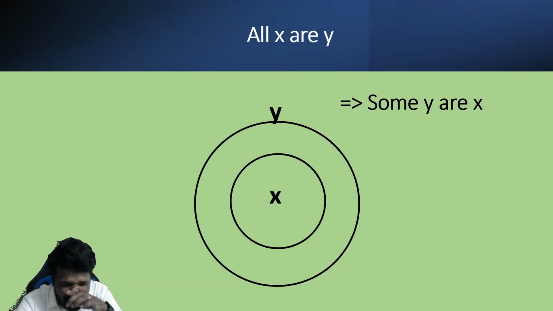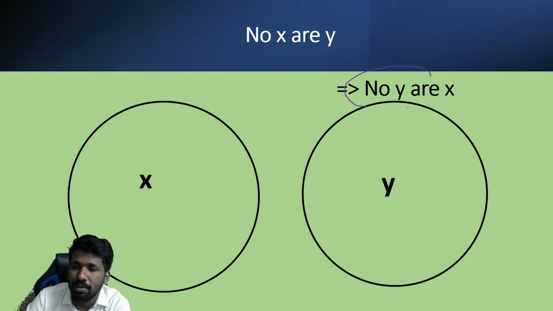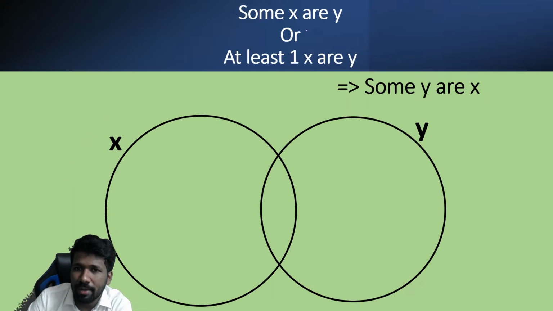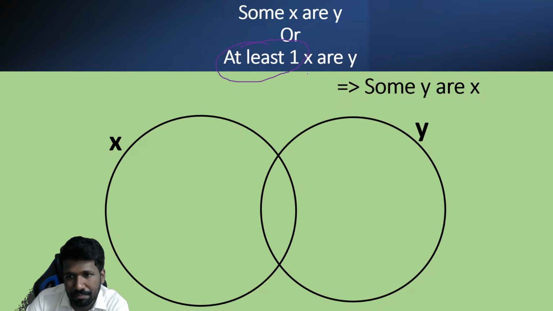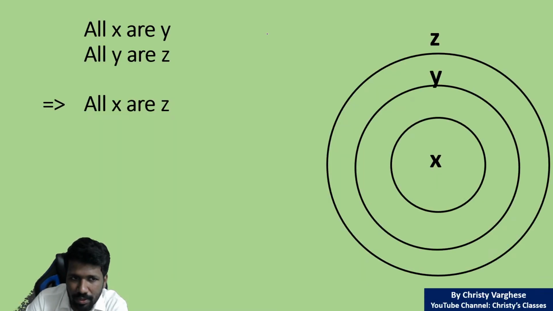So all x are y means some y are x, we discussed already. No x are y means no y are x. Some x are y, or another way of telling it is at least one x is y. Both mean the same. That means some y are x. And some x are not y also means, another way of telling it, at least one x is not y.